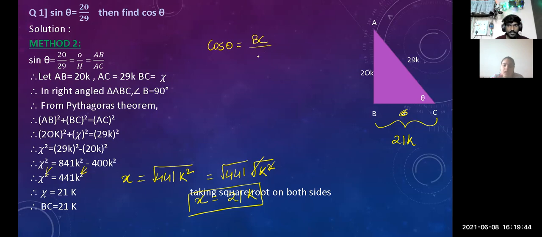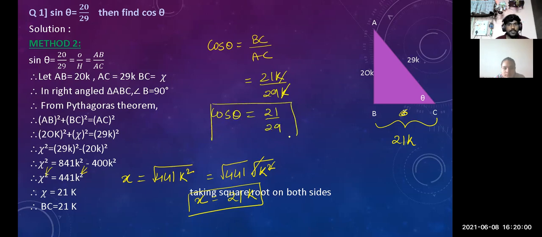And upon hypotenuse, that is AC. So now, 21k upon 29k. K cancelled. So cos theta is equal to 21 upon 29. And in the previous method also, we got the exact same thing. Cos theta is 21 upon 29.